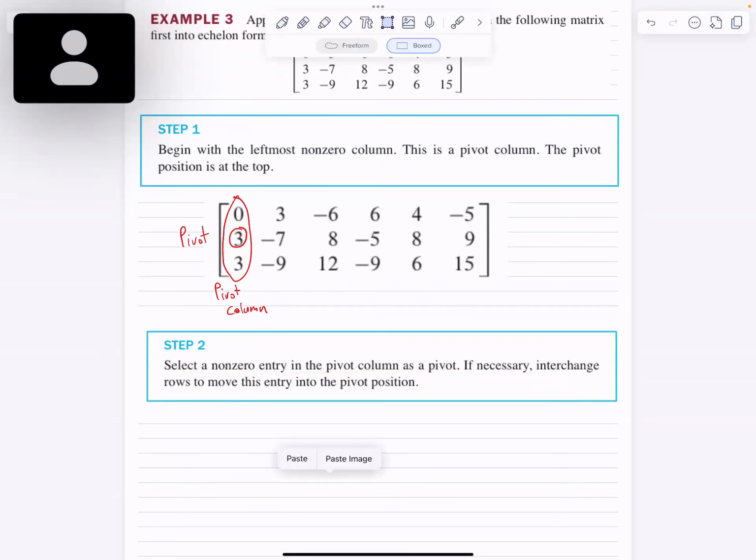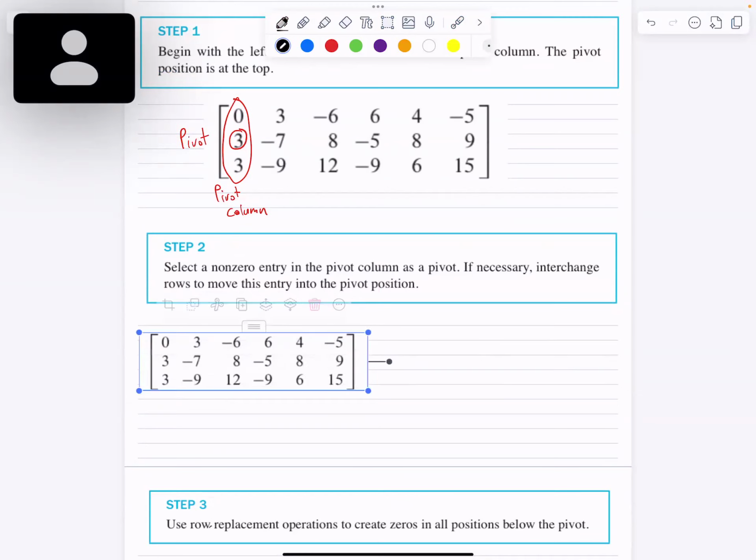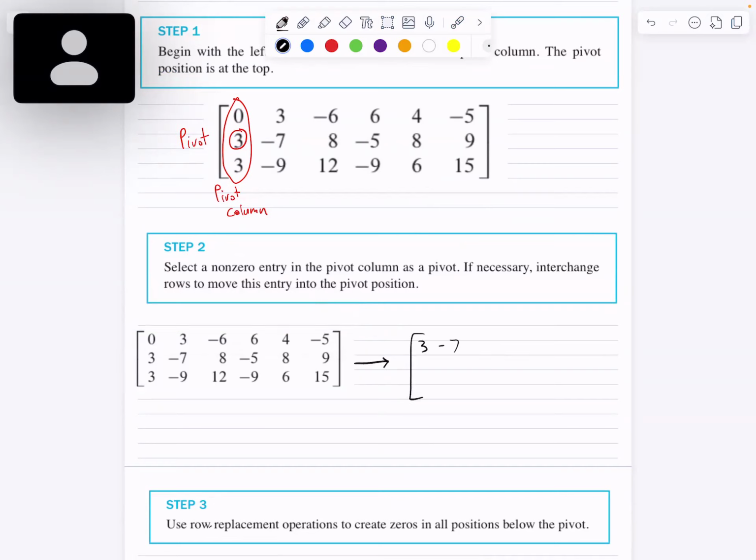And so doing that, I need to get this into position. So what I'm going to do is I'm going to take that pivot column and I'm going to switch rows 2 and 3. So it becomes 3, -7. So row 2 gets swapped with row 1. So I'm swapping them so that I get the pivot. -6.